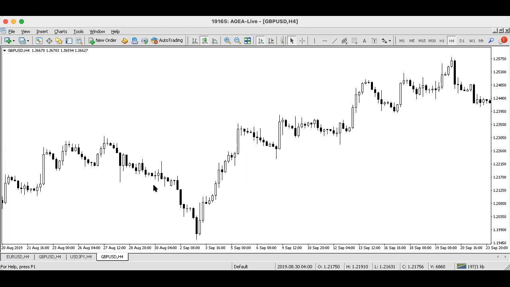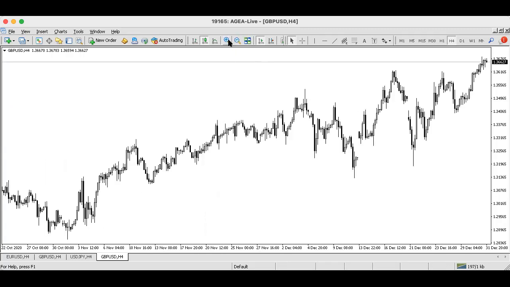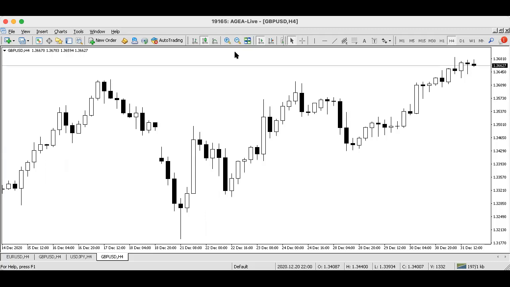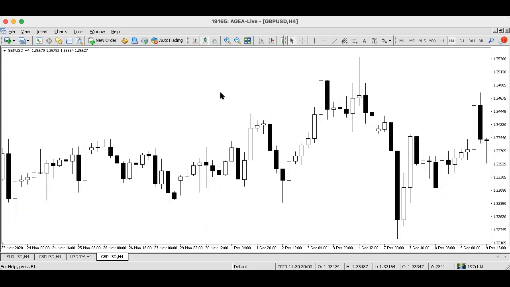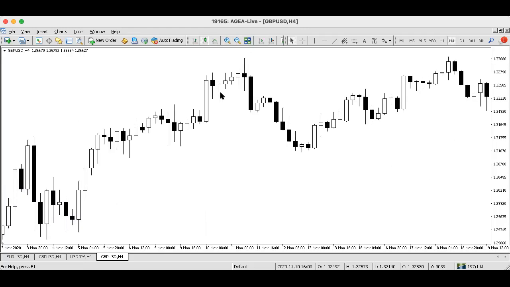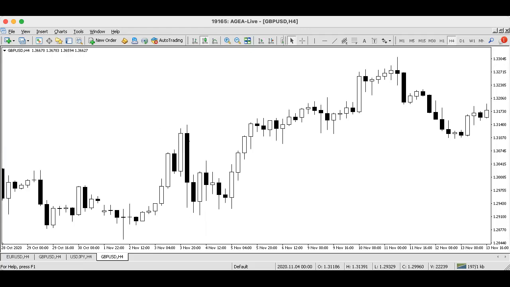Now, how do we find support and resistance or demand and supply zones? The first thing you should scan for is big candles. Yes, big candles, like candles that are big, like this.